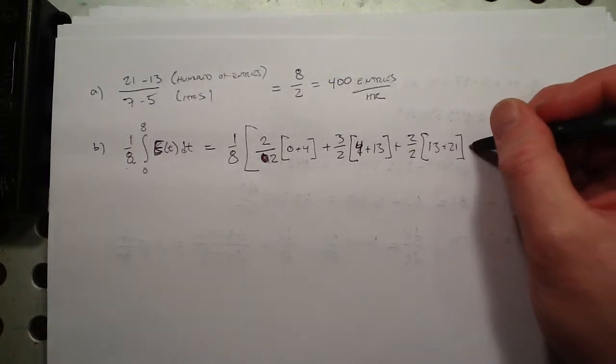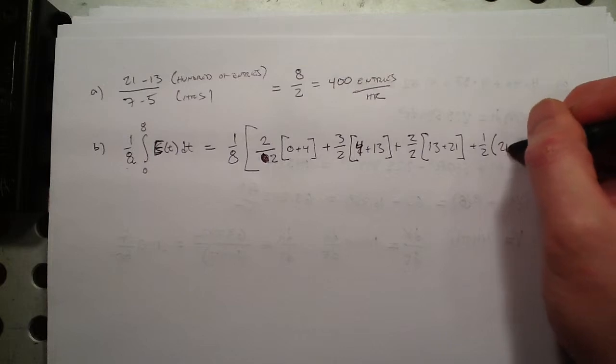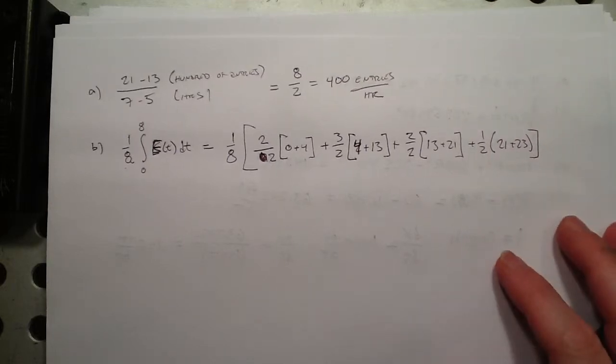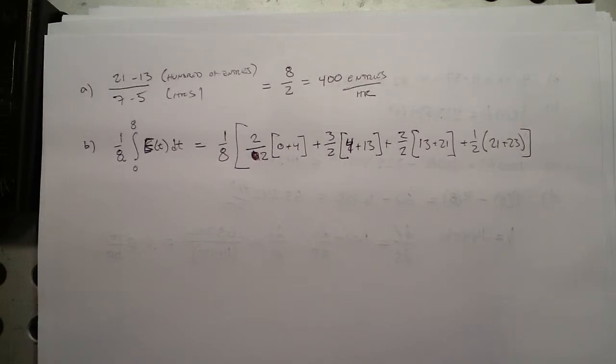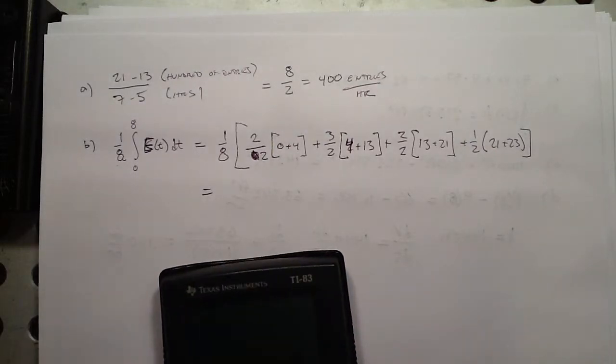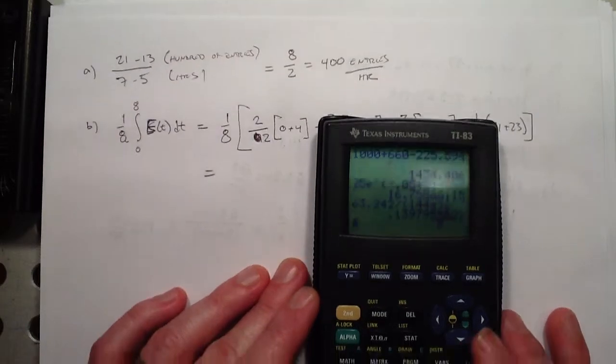And the next one is 1 wide. So that's going to give us the average value. Just remember that that's hundreds of entries, right? So let's see if we can pop that out of the calculator.